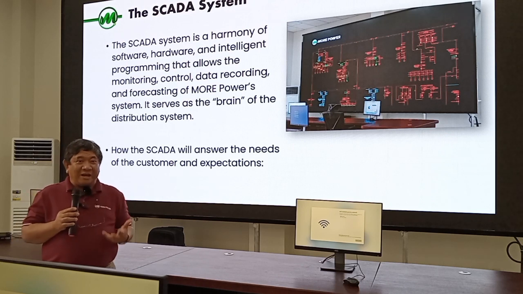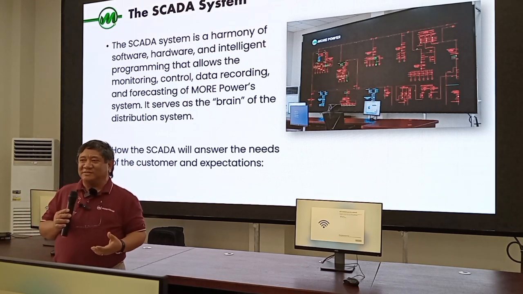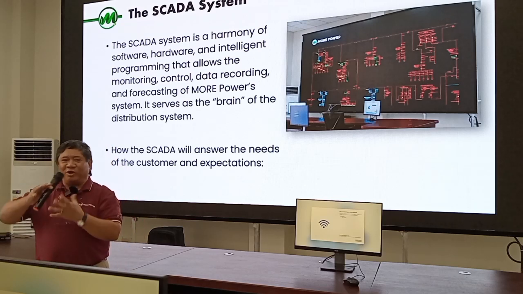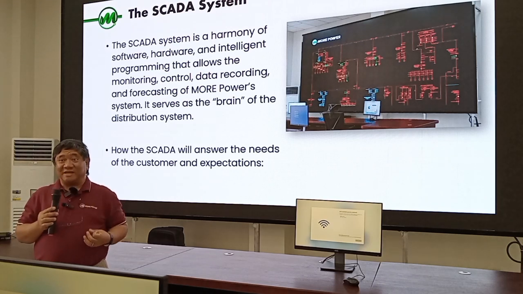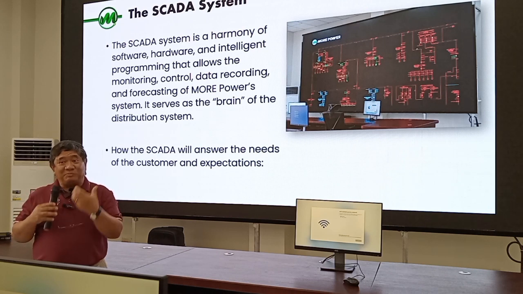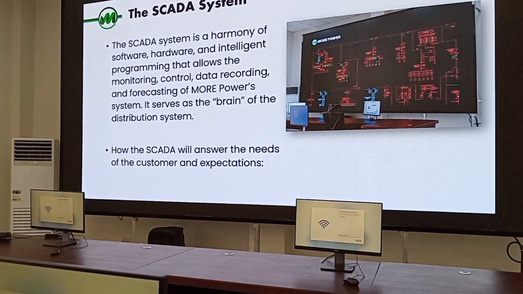Kaya mabagal. Pag artificial brains, they can already compute and look at so many data all at the same time. The processing is faster. And supposedly, since processing is faster, response should be faster. But let's get into the specific benefits.